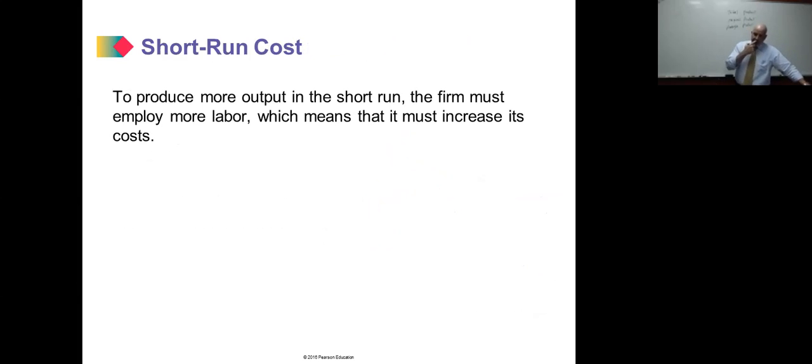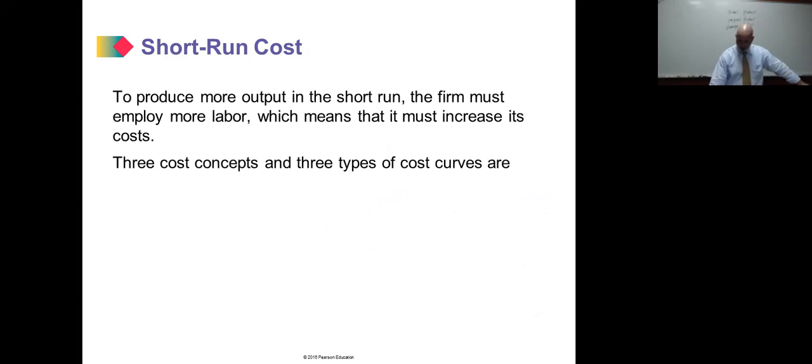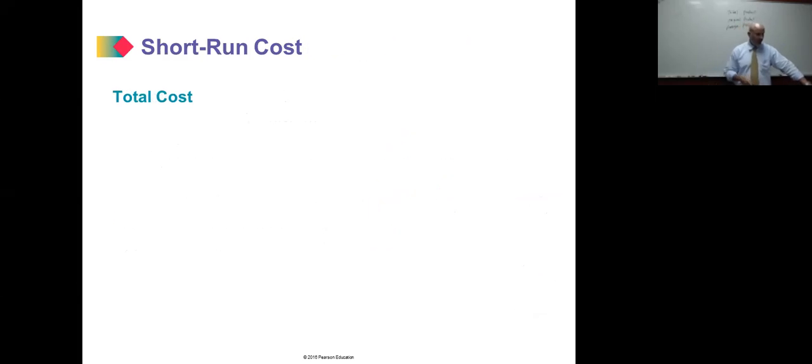Now, to produce more output in the short run, firms must employ more labor. When we employ more labor, it's going to increase our cost: total cost, marginal cost, and average cost. We're transitioning here to short run cost.